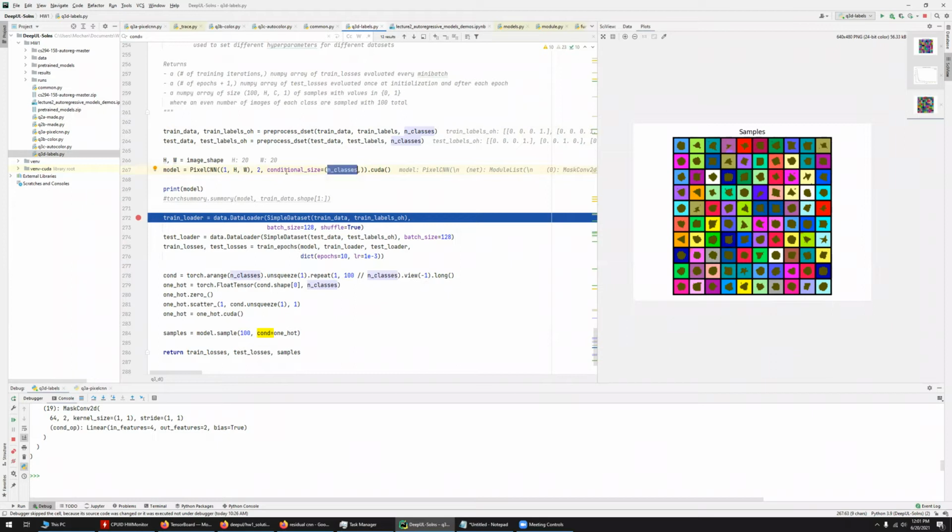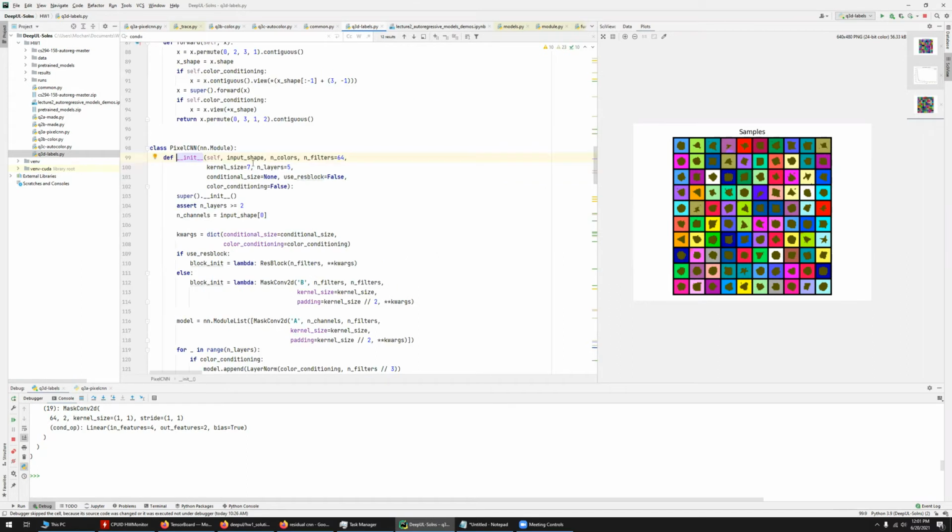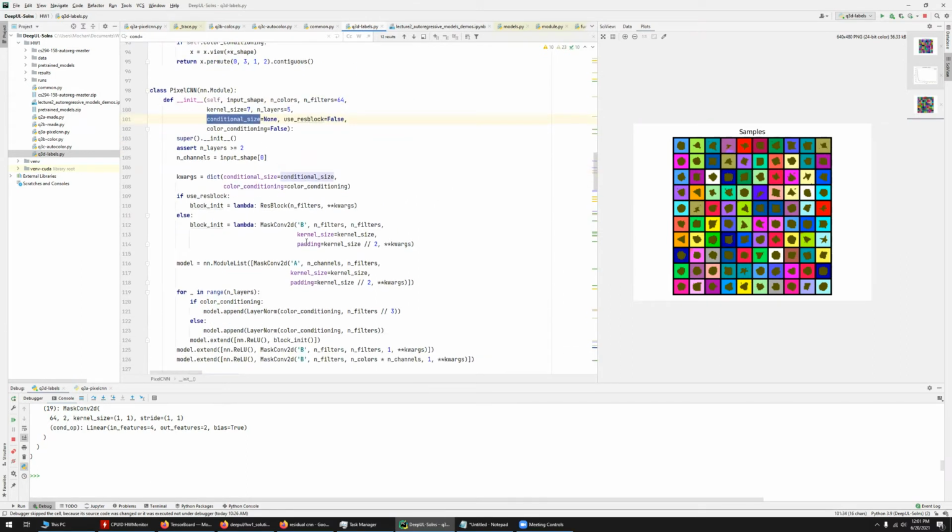So this is a very complicated way of saying that we are going to add the conditions into the neural network. So when we do pixel CNN, conditional size is greater than 1.